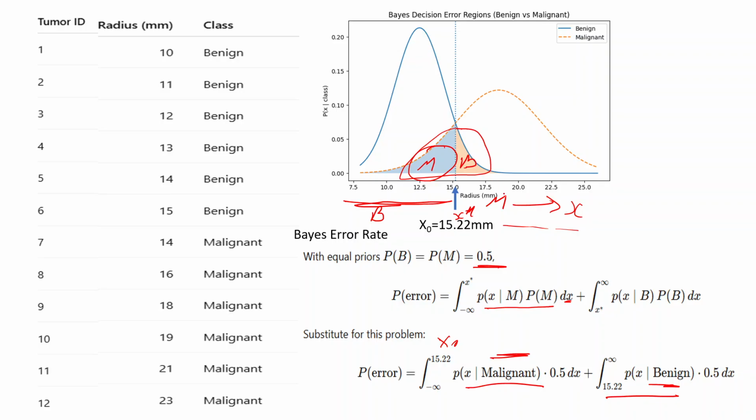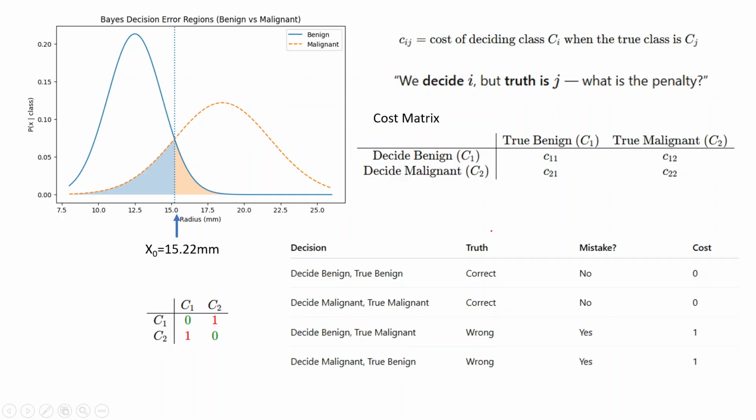Therefore, we take the integration on this side from 15.2 mm to this particular point. Now, our aim is to reduce this. Later I will tell why we are looking at this and how we can shift this boundary.